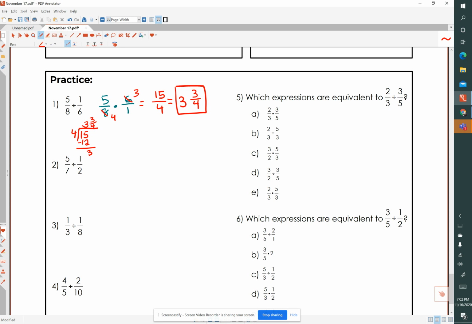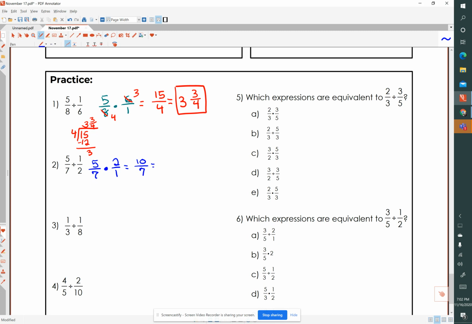Let's do another one. So we have 5/7. We will change the division to multiplication and invert the second fraction. I do not see any cross canceling that we can do there, or cross simplifying. So we multiply straight across. 5 times 2 is 10. 7 times 1 is 7.